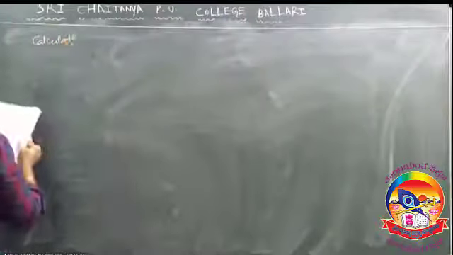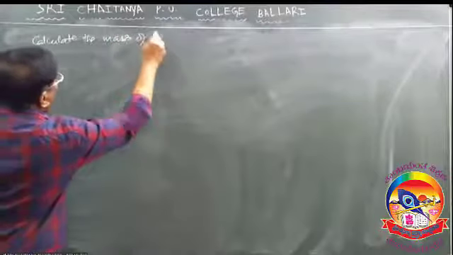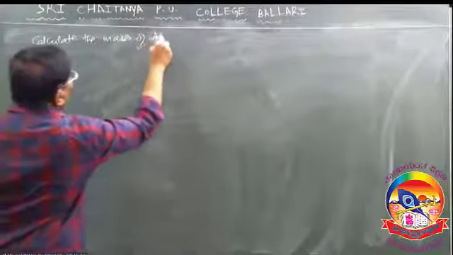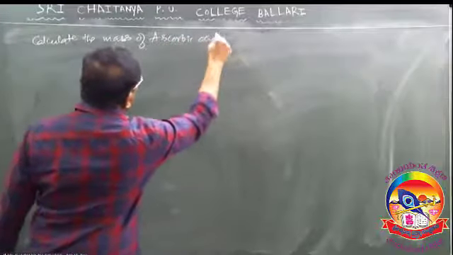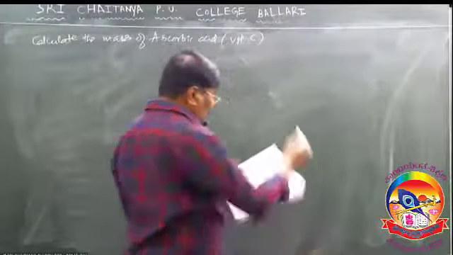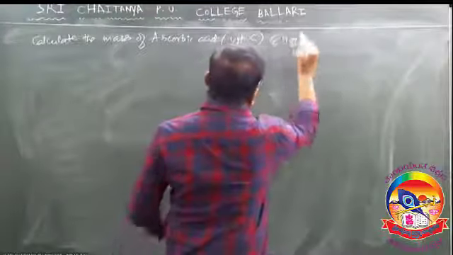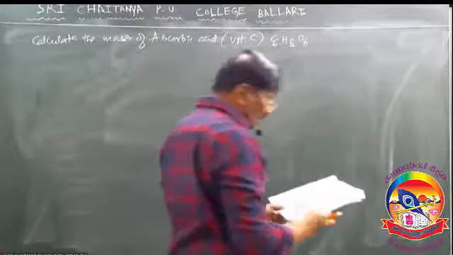Calculate the mass of ascorbic acid, vitamin C. Its formula also, C6H8O6.